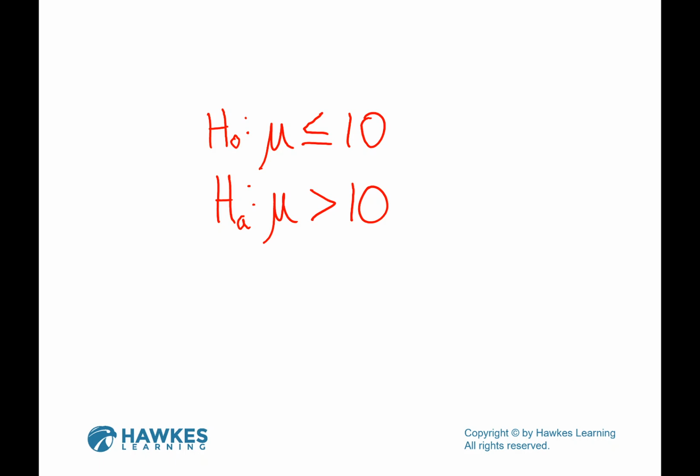The idea is that if we were going to go through and do a whole hypothesis test here, the way our formal decision-making process we call hypothesis testing works is we start off, so we're trying to show the mean would be greater than 10 on this one. So what we would do is we start off assuming that the null hypothesis is true. So we would start off assuming that students are spending less than or equal to 10 hours per week on each course. We would collect our data.